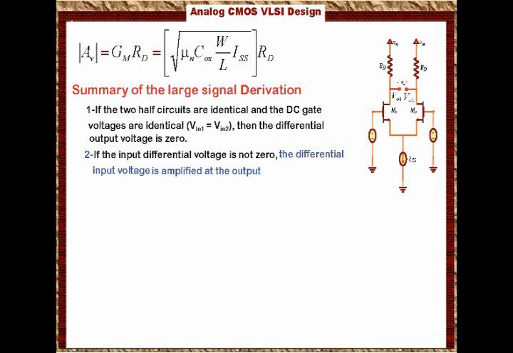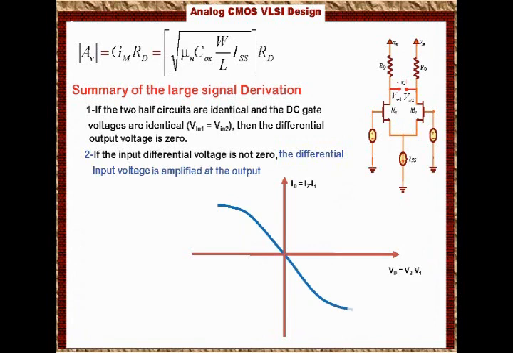So let me show you a graphical representation of what's going on here. Let the horizontal axis be the delta Vn axis, and the vertical axis, the delta ID axis, be ID1 minus ID2. What we realize is if delta Vn is more negative, then ID2 will be bigger than ID1.